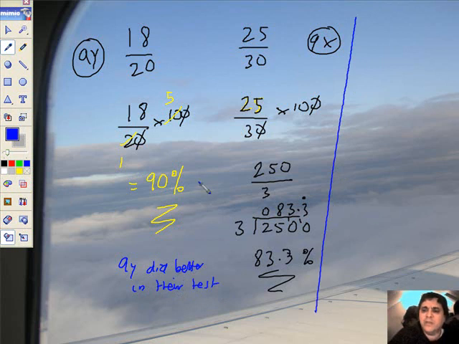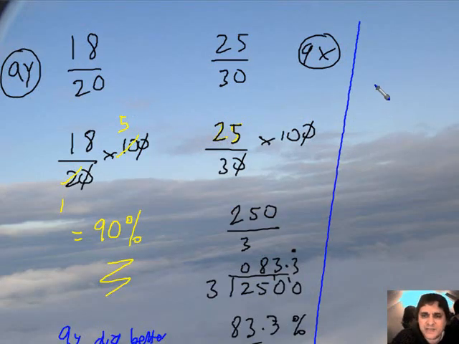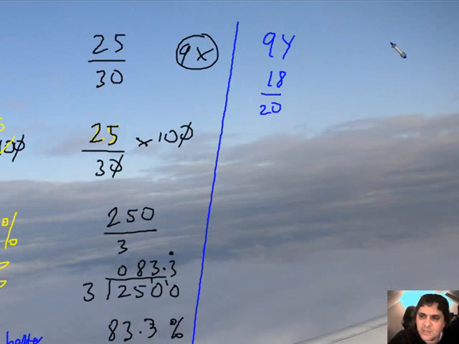If we look at the common multiple of 20 and 30, if we can take them both out of 60, I've got 9Y, look, we've got 18 over 20 and 9X. You'd normally go down the percentage route, really. That's traditional. But I'm now going to try a different route.